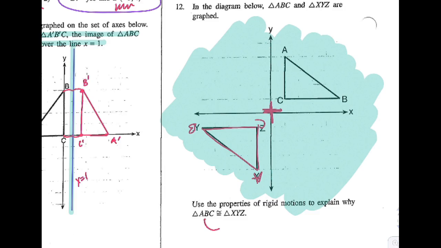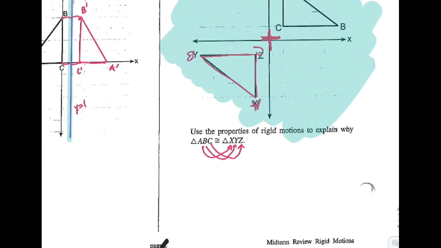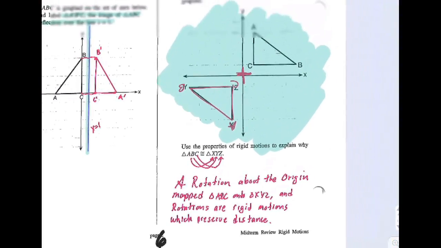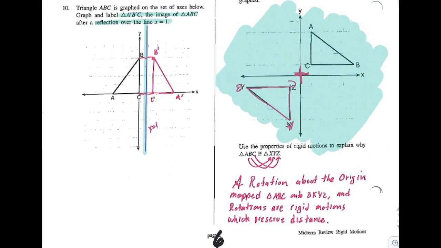A maps onto X, B maps onto Y, C maps onto Z. So what rigid motion did we use? How about this? A rotation about the origin mapped triangle ABC onto triangle XYZ, and rotations are rigid motions, and they preserve distance. So that's why rigid motions, in this case, proved congruence. Remember, preserve distance is a great comment to use with rigid motions to prove congruence.